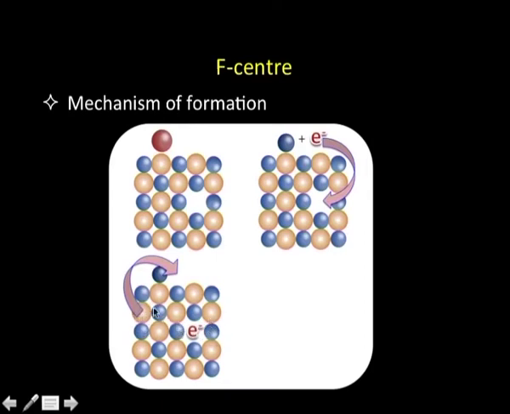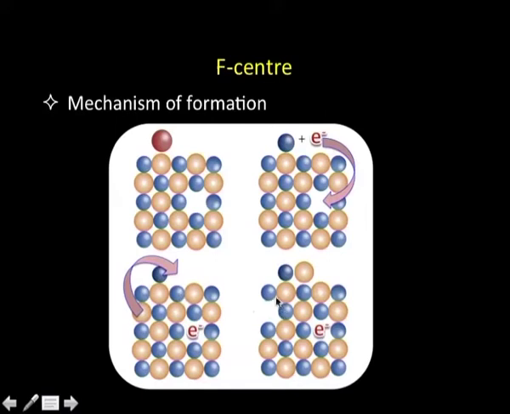This anion will move and come out over here, and as a consequence we get an anion vacancy here, and we have sodium chloride over there. That means this is my sodium ion, this is my chloride ion which has moved from here to here. And then this is my F center, wherein the electron has been captured into an anion vacancy, and this is the material which is giving me color.